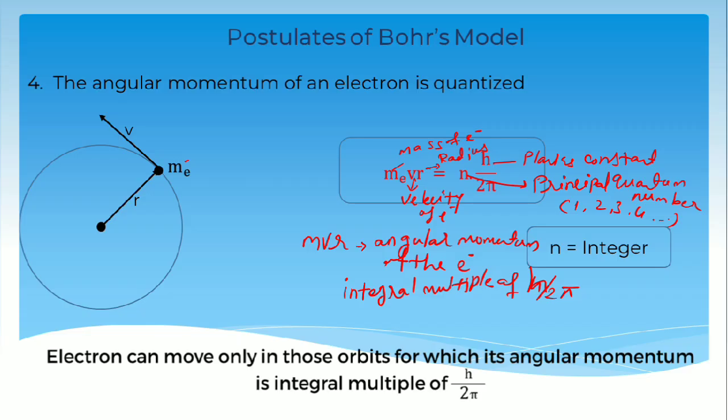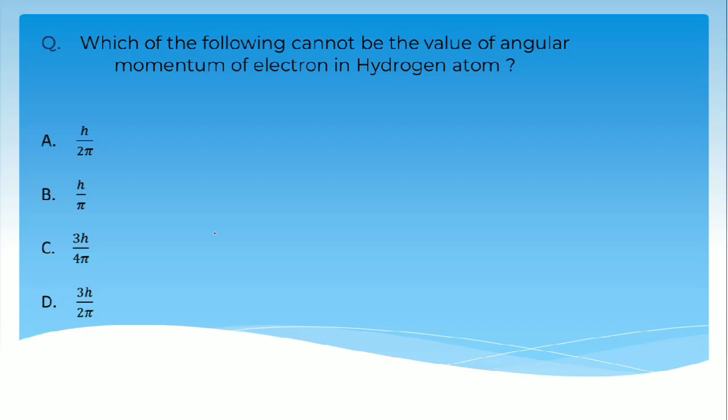So only those orbits satisfying the equation mvr equals nh by 2 pi are allowed here. Only. So here we have one problem. Which of the following cannot be the value of angular momentum of an electron in a hydrogen atom?